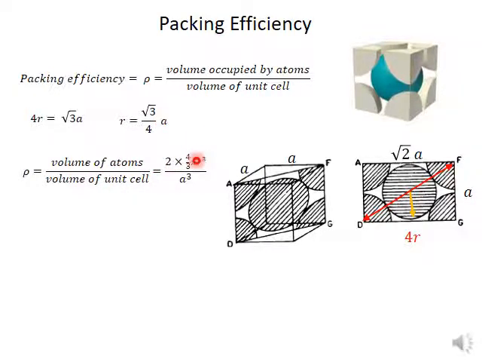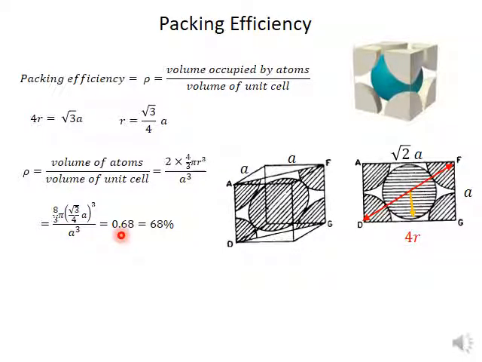The volume of one atom would be given by 4/3 pi r cubed, and since you have two such full atoms in a BCC conventional unit cell, you multiply it by 2. So 2 multiplied by 4/3 pi r cubed would be the volume occupied by the atoms within a unit cell, divided by a cubed, where a cubed is the volume of the unit cell itself. So you put the value of r in there, and the a cubed cancels.